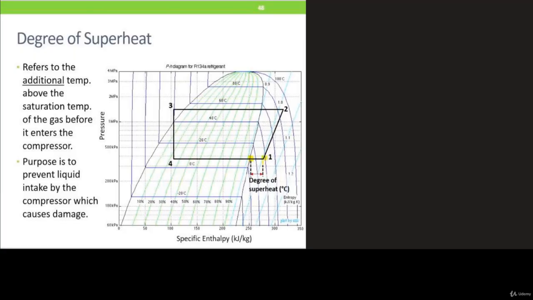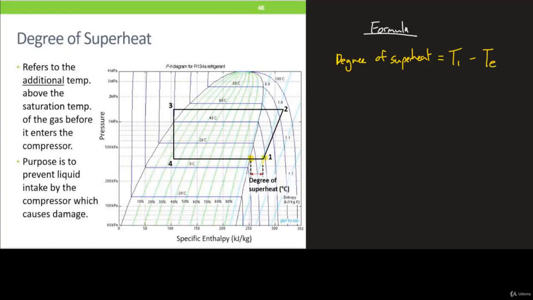If you prefer to use a formula to remember this, what is the formula? Degree of superheat is in fact equal to T1, which is the compressor inlet temperature, minus the point where it just touches the saturated vapor line, and that temperature is equal to your evaporating temperature.